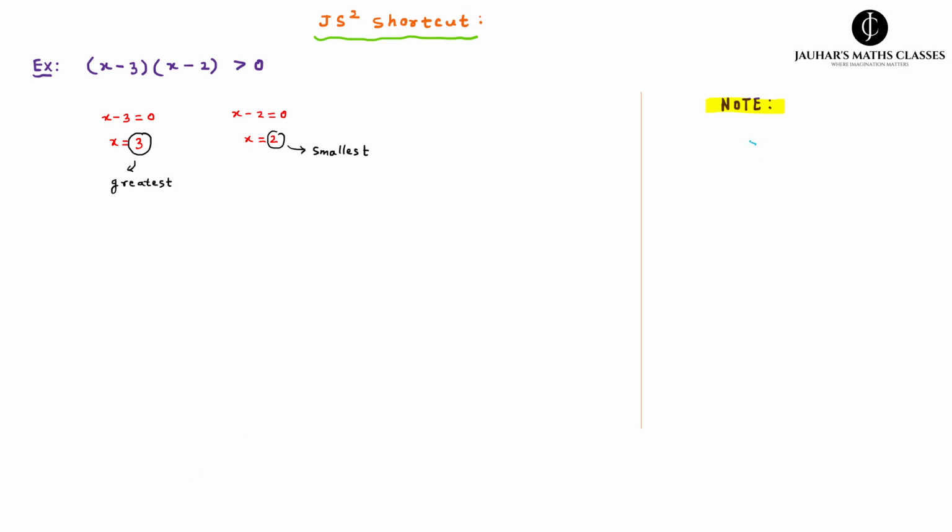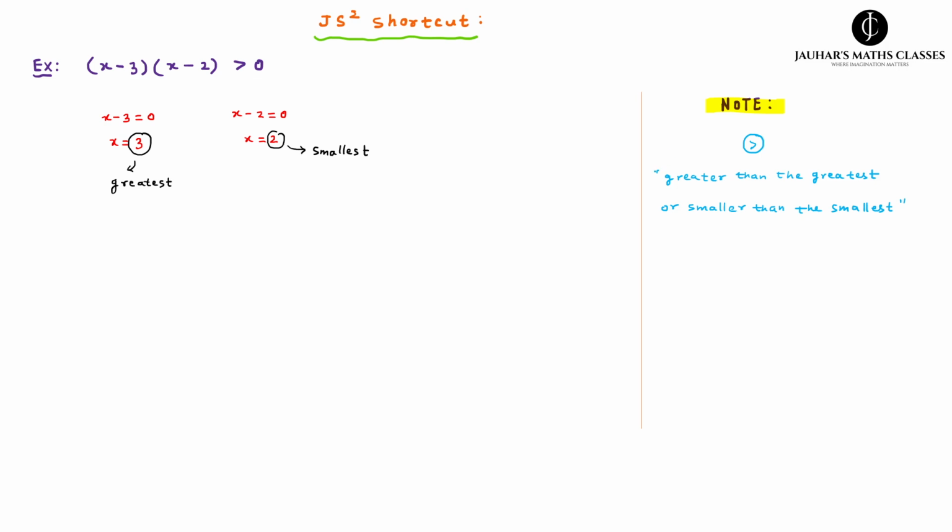For greater than, I will be writing the answer in this way: greater than the greatest, or smaller than the smallest. You will have to remember this one, my dear.